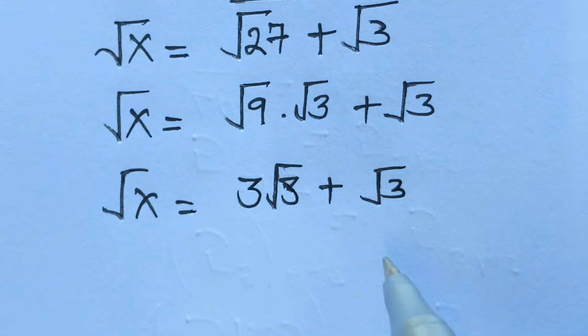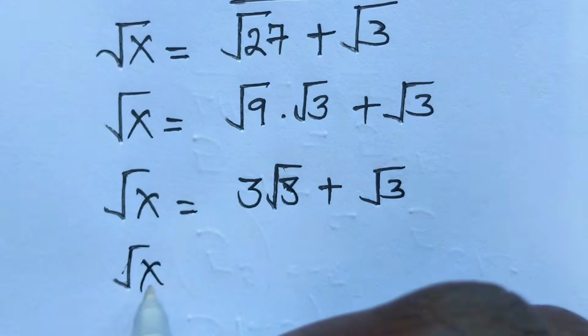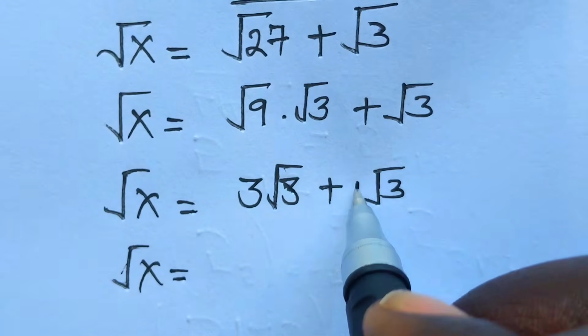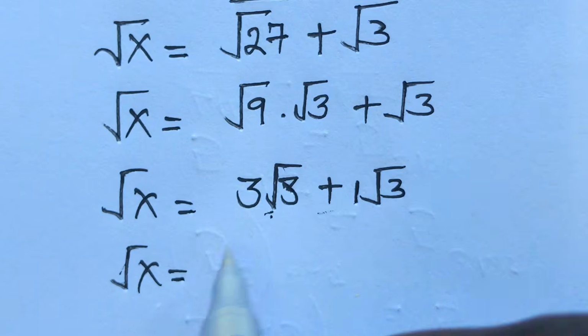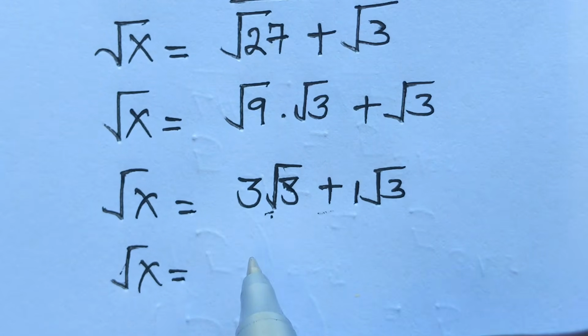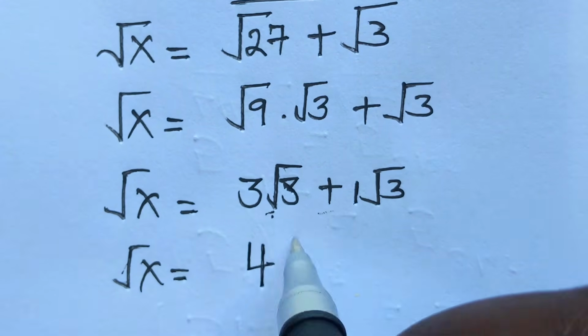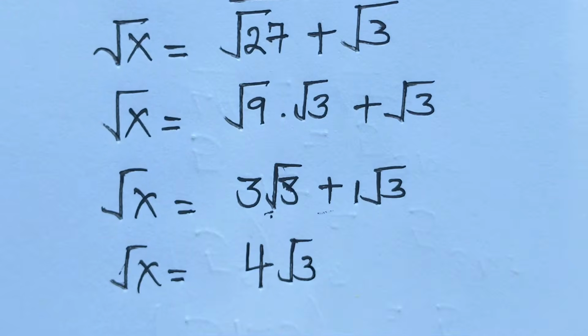Alright, this is what I have here. Square root of x here will be, here we have 1, because we have the same radical, we are going to add these coefficients, which will be 4 square root of 3.